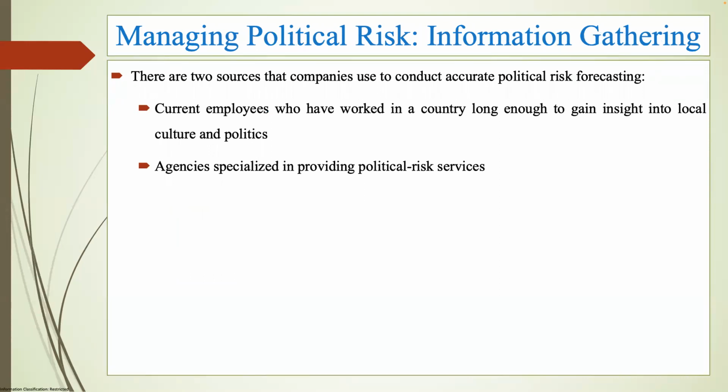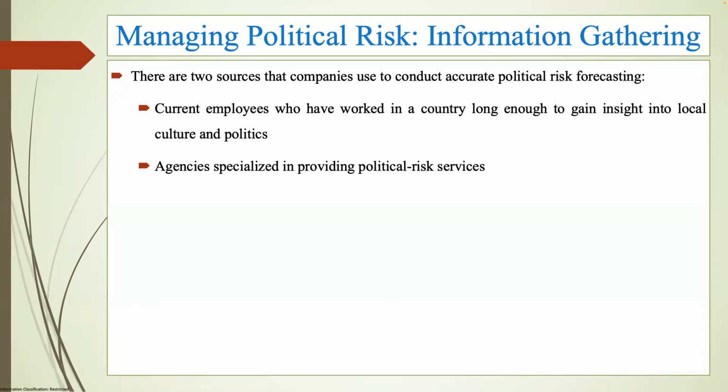International firms attempt to gather information that will help them predict and manage political risk. There are two sources that companies use to conduct accurate political risk forecasting: current employees who have worked in the country long enough to gain insight into local culture and politics, and agencies specialized in providing political risk services.